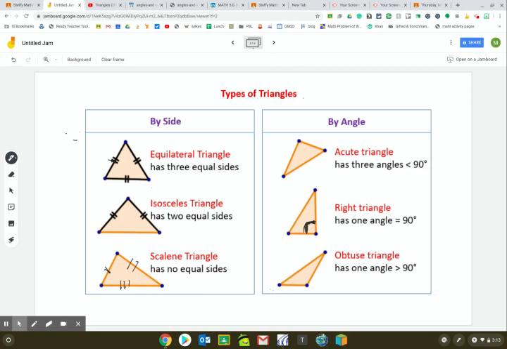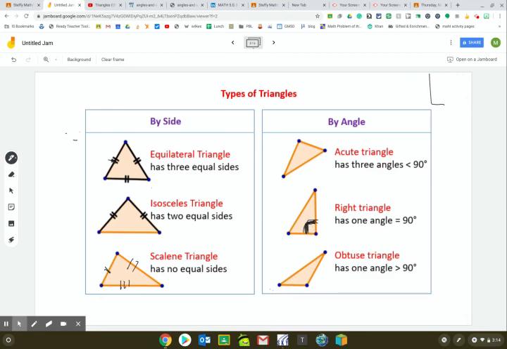You can also classify the type of triangle by the angles. So in this case, we have an acute triangle, which has three angles that are less than 90 degrees. So you can see that a 90-degree angle looks like an L. All of those are smaller than an L, which means they're less than 90 degrees. The right triangle has one 90-degree angle. Once again, when you're looking for right triangles, I always look for that square in the corner.